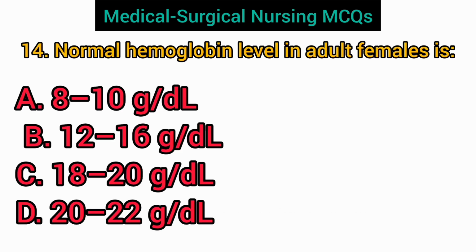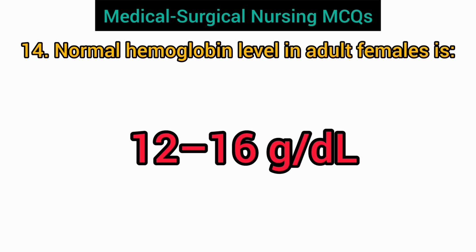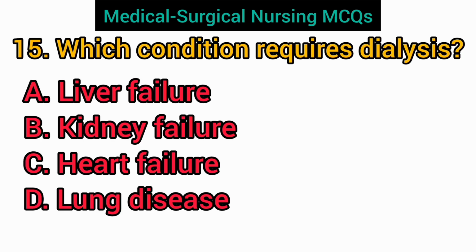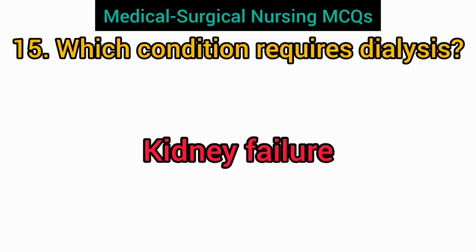Normal hemoglobin level in adult females is 12 to 16 g/dL. Which condition requires dialysis? Kidney failure.